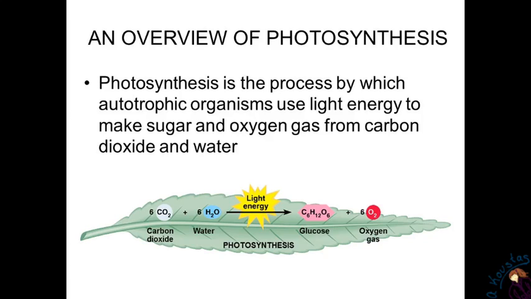Carbon dioxide and water are the two reactants in photosynthesis, in addition to light. Carbon dioxide is written as CO2. This means that carbon dioxide contains one carbon atom and two oxygen atoms.